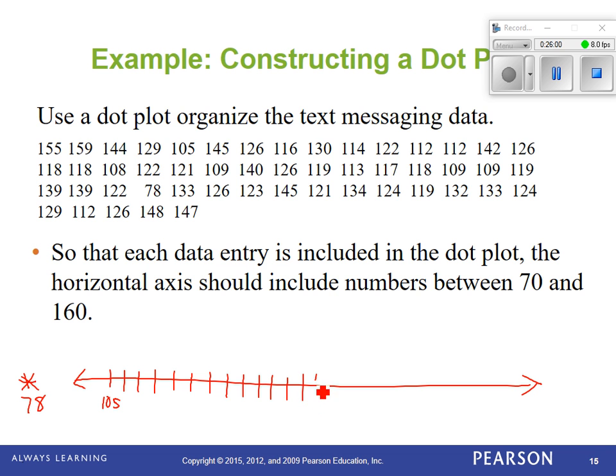So that means I'd have to put 50-some numbers on here. All we do is put a dot above 105, dot above 108, dot above 109, another dot above 109, another dot above 109, 110, 111, 112, three of those, 113.